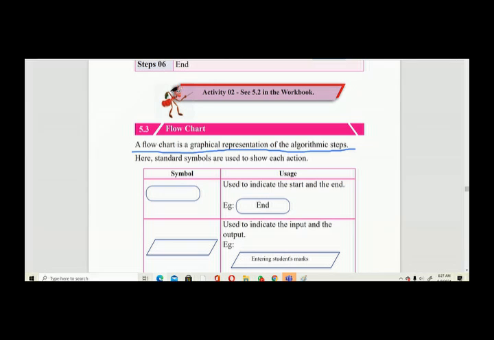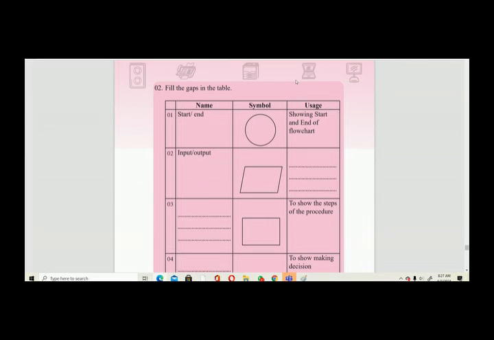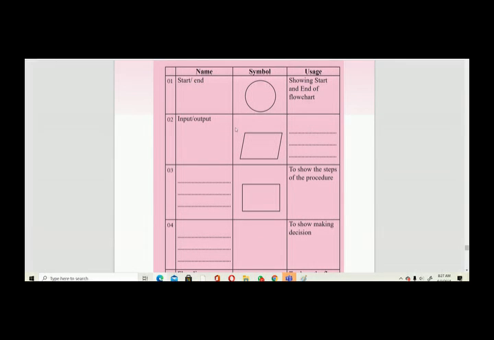Okay. Fill the gaps in the table. Now the name of this symbol is start, end, and this symbol is given. So the usage is showing the start and end of the flow chart. This is a bit different, not a circle. Then input output.